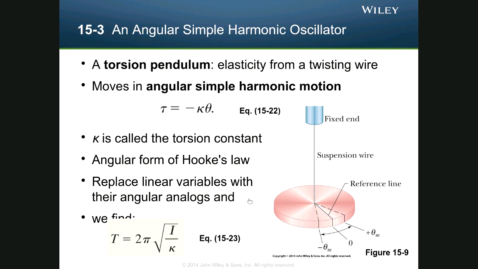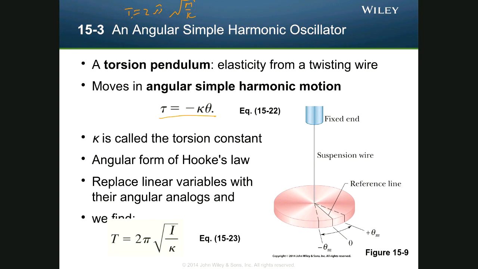Now, let's take a look at our equation for the period. You'll notice that to make it angular, it moves in simple harmonic motion, not so much with a force equals kx, but with a torque of minus kappa times theta, where kappa is called the torsion constant.